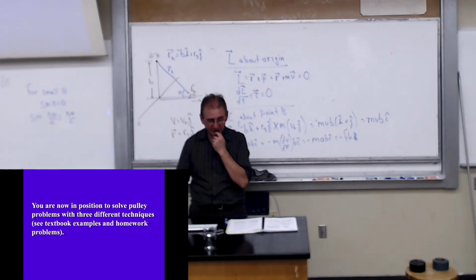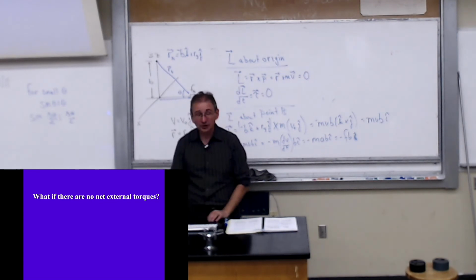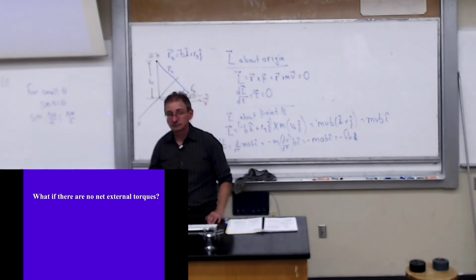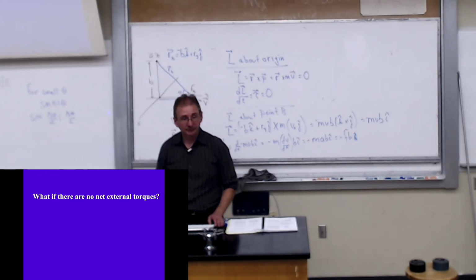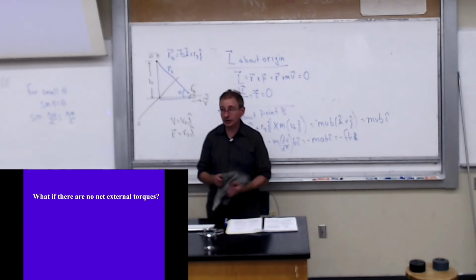What if you have a system where there's no external torque? What does that mean? Well, it means dL dt is 0, right? No external torque means dL dt is 0.